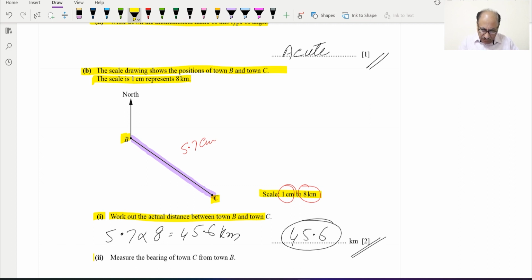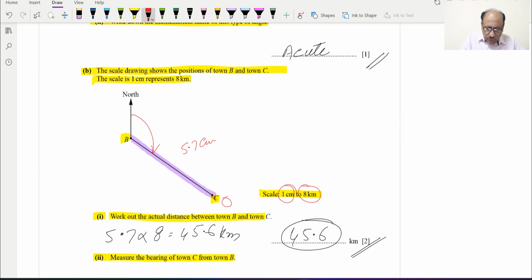Now for the second part, measure the bearing of town C from B. For town C from B, this angle is required, and we can measure this angle. We will take this as the zero line, and we will keep our protractor like this, and from here we can check 10, 20, 30, up to this one, which will be 124.